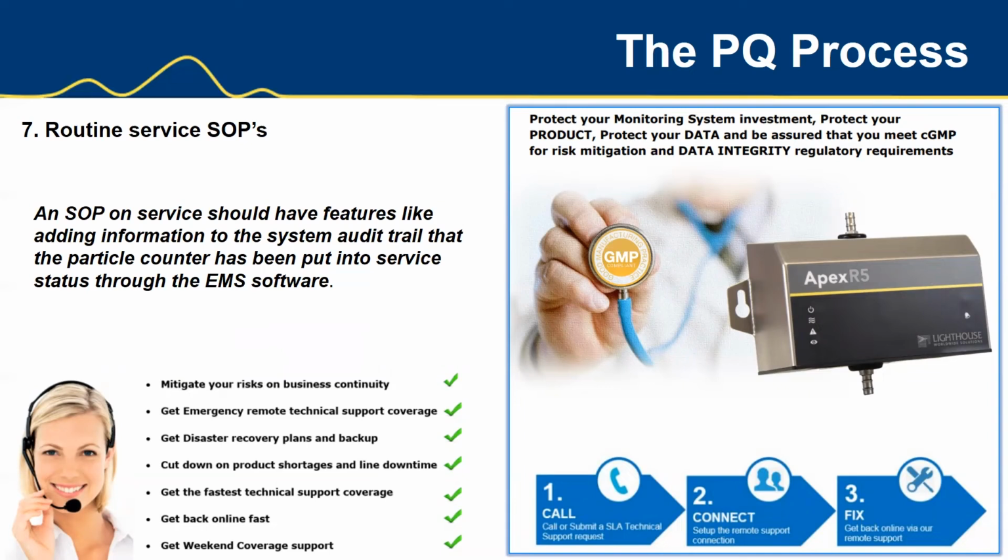I've seen URSs that talk about this, but then at the end of the project, there's nowhere in the budget to put an SLA in place. So make sure you tick the box on the URS and have all these things in place, and have a vendor that can offer, for example, weekend coverage, because you're probably going to be manufacturing during the weekend and you want support if something was to happen.